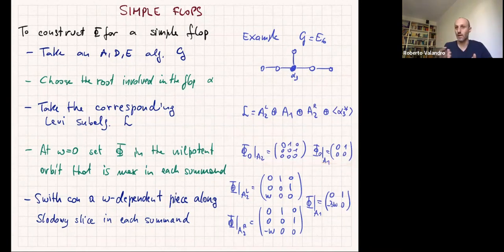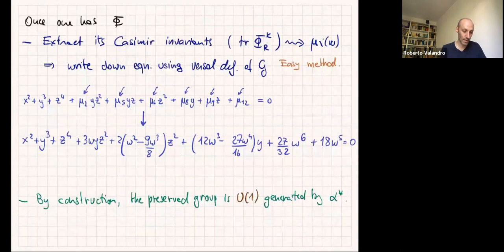And then the phi at the origin will be this one. And then I choose a deformation in the slot of the slice, depending on W. So if I do this choice, I have defined completely my Higgs field. And after I have my Higgs field, I can extract the equation because I extract the Casimir of this field. Also for the E6, we have some spectral-like equations, so you're able to write down the thing.